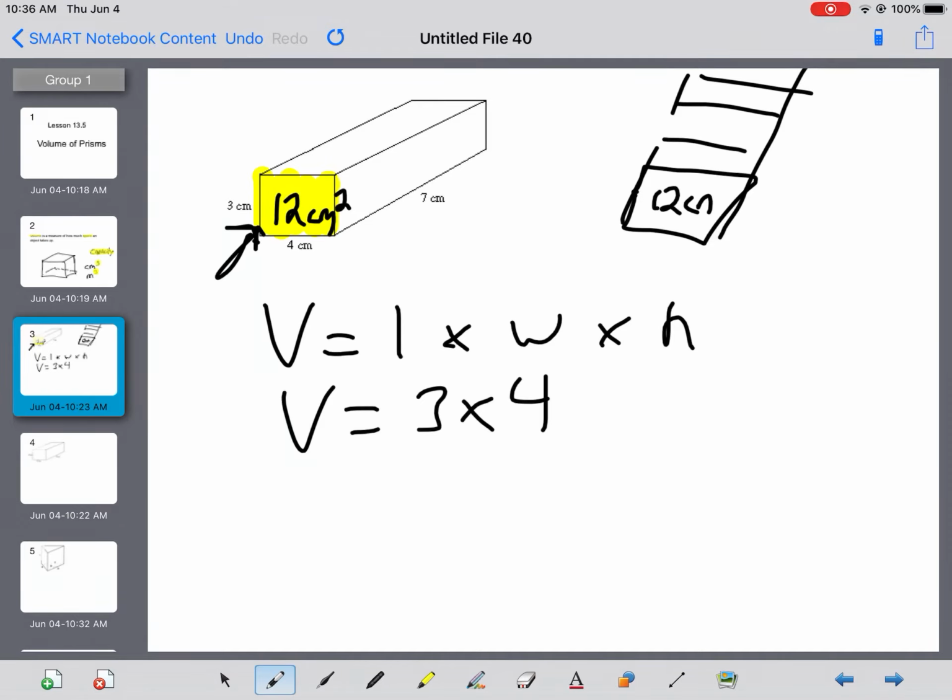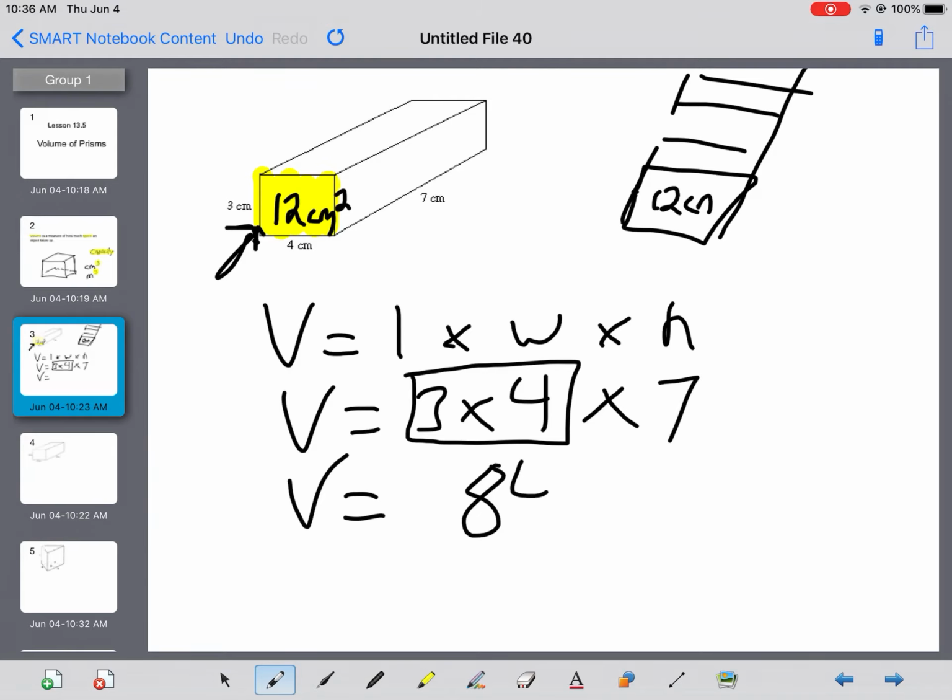So when we find the volume, we take that base, 3 times 4, and multiply it by the height, which is in this case 7 centimeters going up. 3 times 4 is 12, and then 12 times 7 is 84. So I get 84 centimeters cubed, or cubic centimeters.